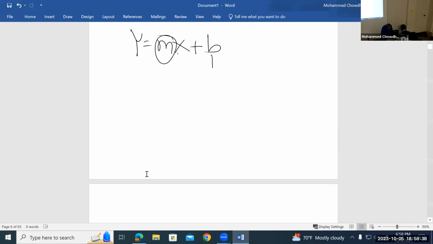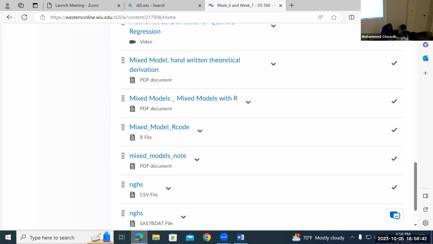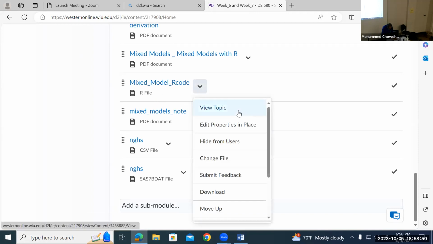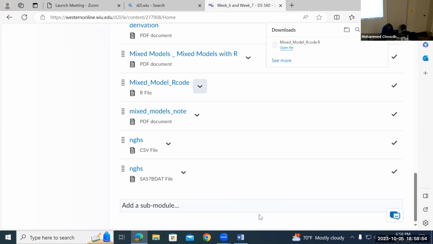Okay, now let me take you to the R code. The mixed model R code, I think, download this one.